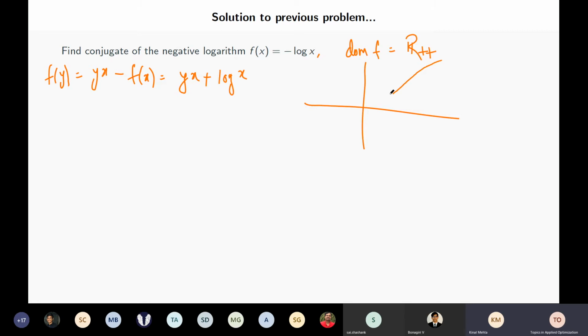So if yx is made constant, it is still varying with log x and goes up to infinity. Maybe equate it to some constant c.